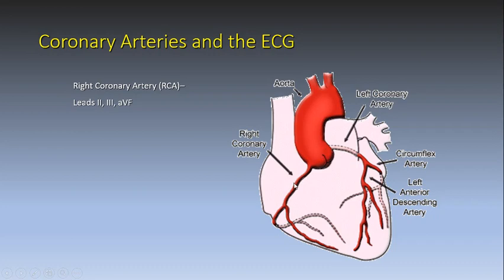You see you have right coronary artery here, and left main, left circumflex, left anterior descending are the main normal arteries, and everyone has a little bit different arterioles depending on how old they are and what's been happening, and kind of their family history. So right coronary artery, this will affect leads 2, 3, and AVF, because that's where 2, 3, and AVF are looking, through kind of this area.